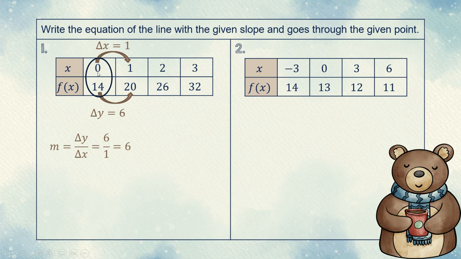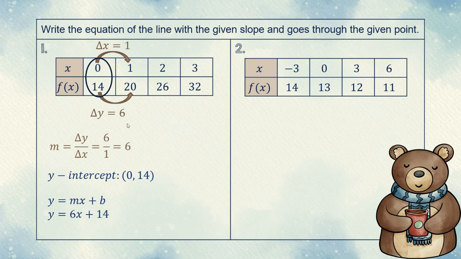So wherever my x value is 0, that's my y-intercept. My y-intercept in this case is the point (0, 14). Now we can make an equation. y = mx + b, where m is 6 and b is 14, so y = 6x + 14. That would be my equation of that table.